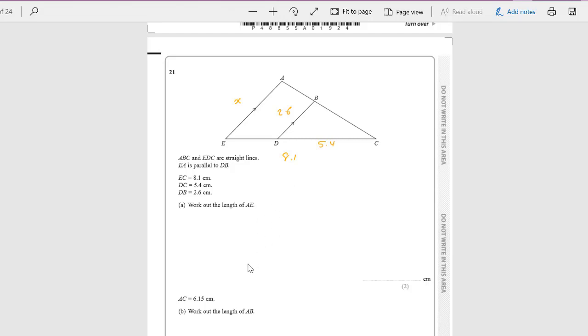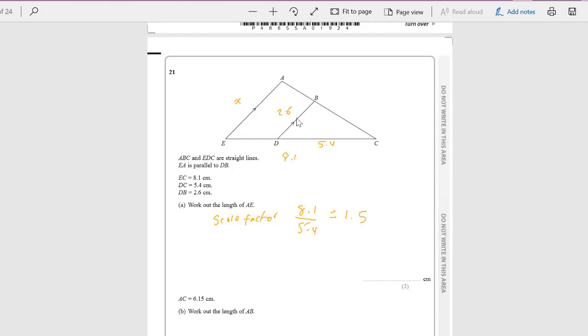Right, so what we can use here is scale factor. So we can say that since the whole thing from E to C is 8.1, and this D to C is 5.4, the scale factor is 1.5.